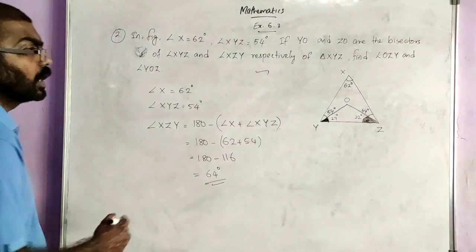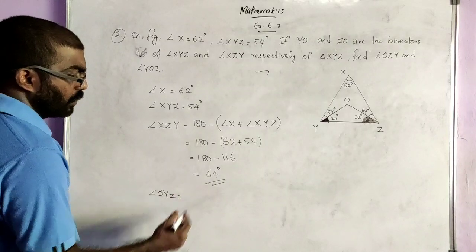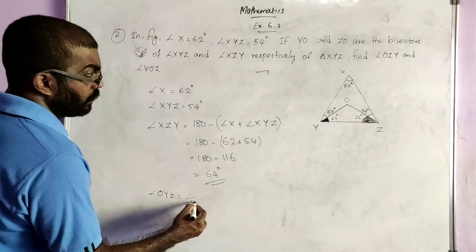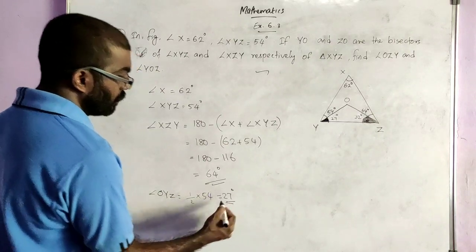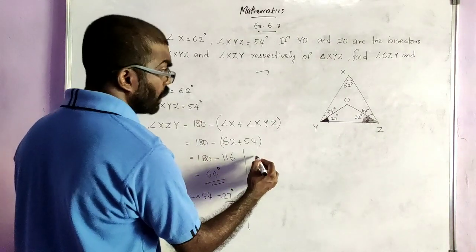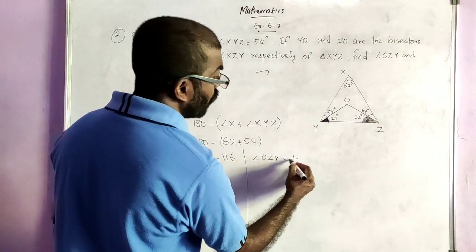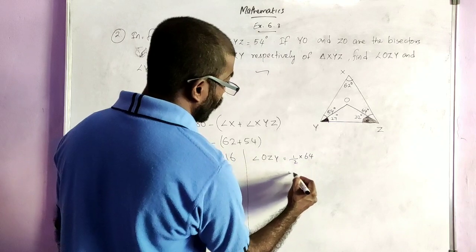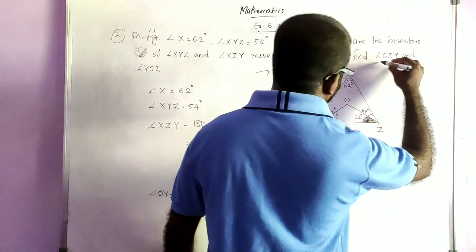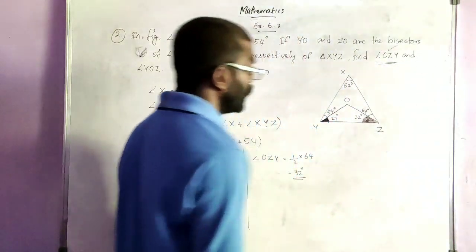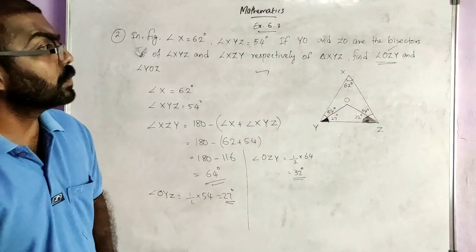That is angle OYZ is equal to half of 54, which gives 27 degrees, and angle OZY, which is equal to half of 64, which gives 32 degrees. So first one is over, angle OZY is equal to 32.